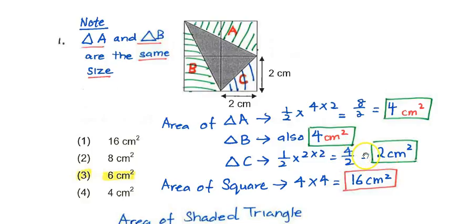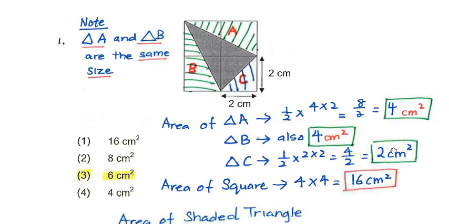So the total area of the unshaded part. Now be very careful. The unshaded parts are A, B, and C. If you add A, B, and C together, 4 plus 4 plus 2 is 10.